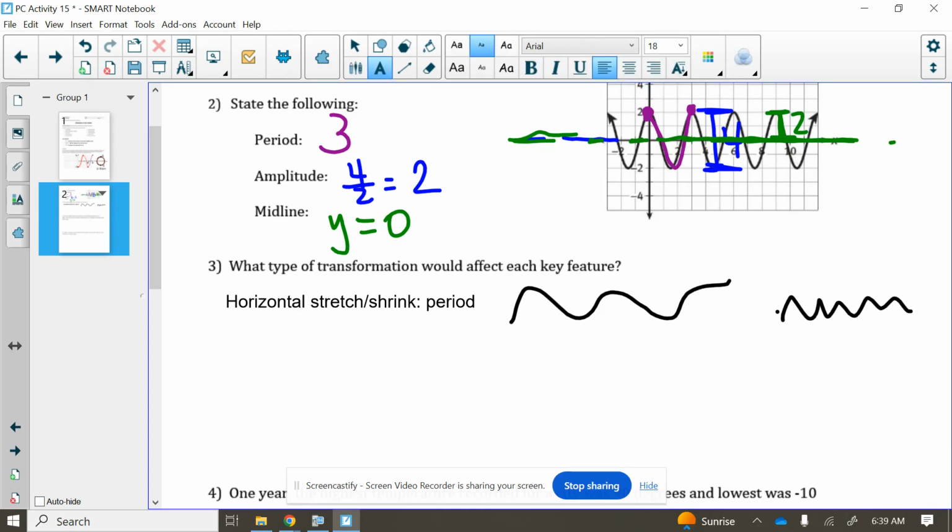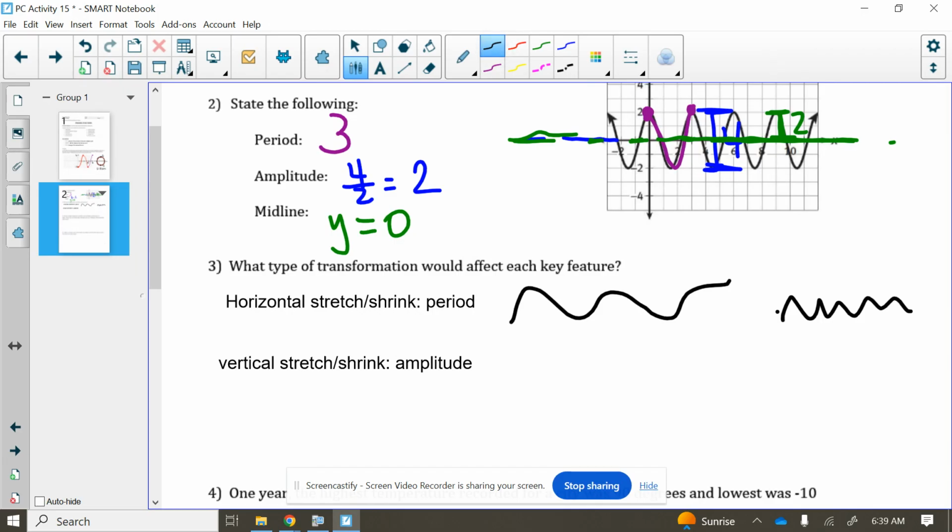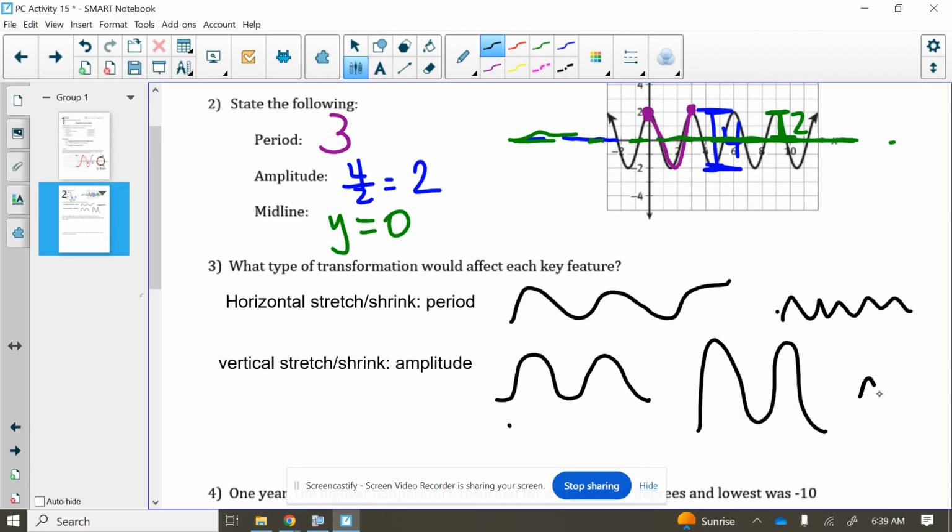The next thing that would affect our graph would be a vertical stretch or shrink. And what this is going to affect is the amplitude. Because what it's doing is taking our graph and going from being this size, for instance, to either stretching it out to be bigger or shrinking it down to be smaller, affecting that amplitude based on our stretch.